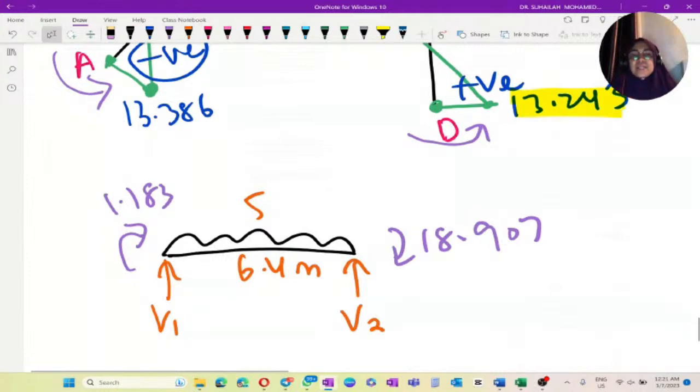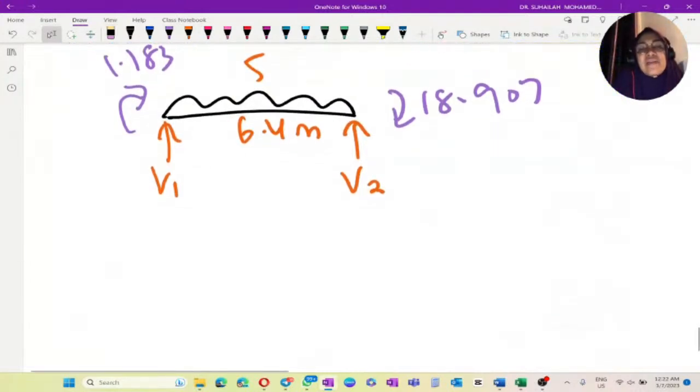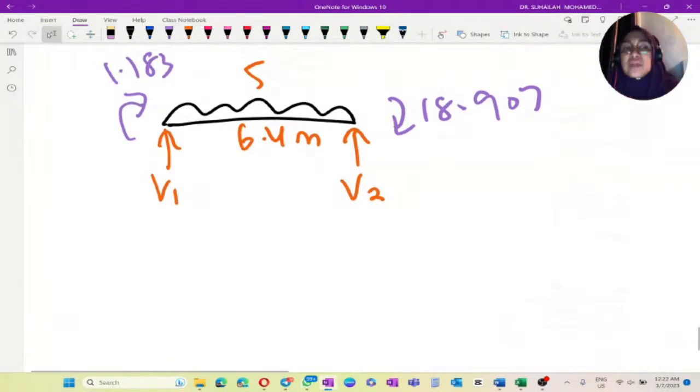From this free body diagram, we have to calculate V1 and V2, because these represent the shear values. From the shear values, we draw the shear force diagram and check whether it has an intersection. If it does, it means there is a maximum moment in the bending moment diagram. Using static equilibrium, we take moment at one end.